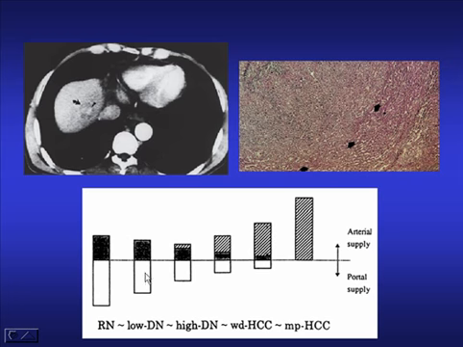If we go through dysplastic nodules, we gradually introduce an abnormal arterial supply, and as we go through progressively more malignant lesions from well-differentiated to poorly differentiated HCC, in the end this transformation is complete, and the poorly differentiated HCC will derive its entire blood supply from an abnormal arterial circuit and almost none from the portal circuit.